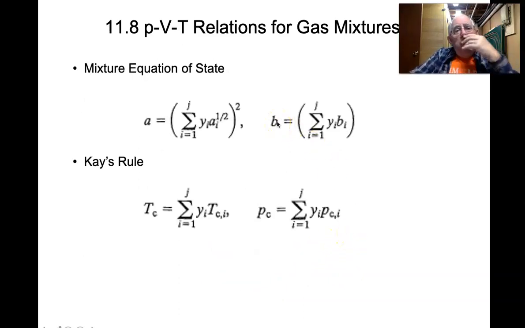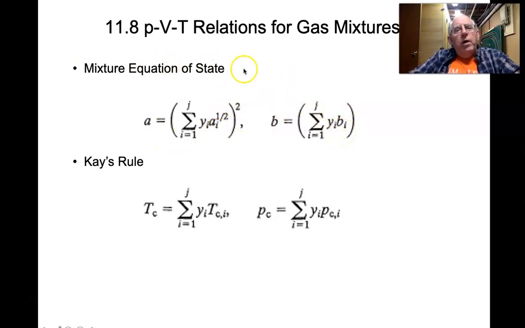Now, if each of the components was assumed to have an equation of state, and let's say it was a two-parameter equation of state such as the van der Waals equation, then each of the individual components would have a corresponding a and b parameter.